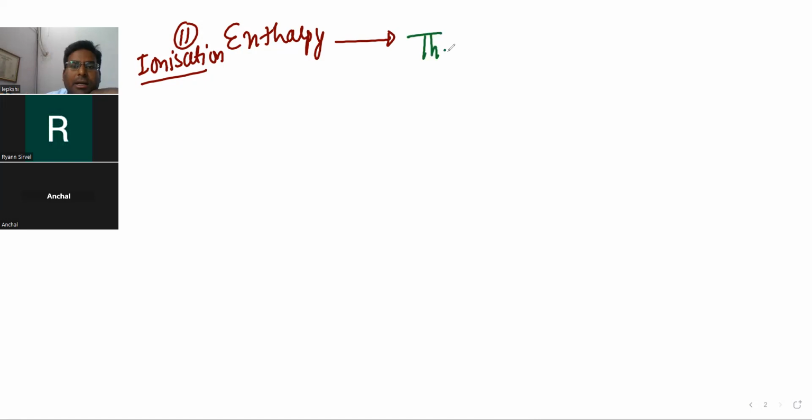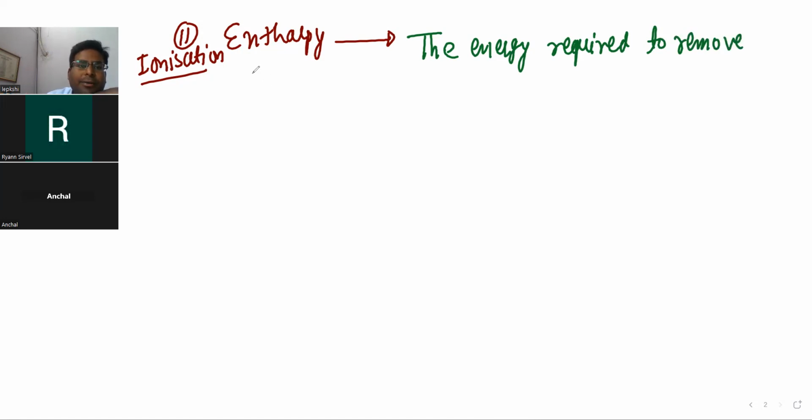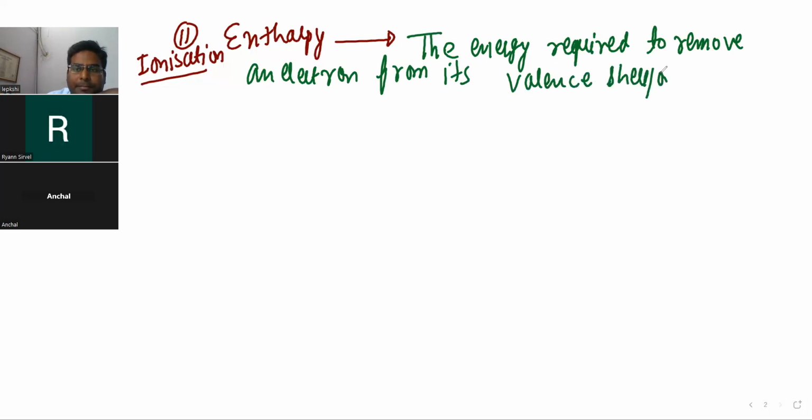The energy required to remove an electron from its valence shell or orbit, right?